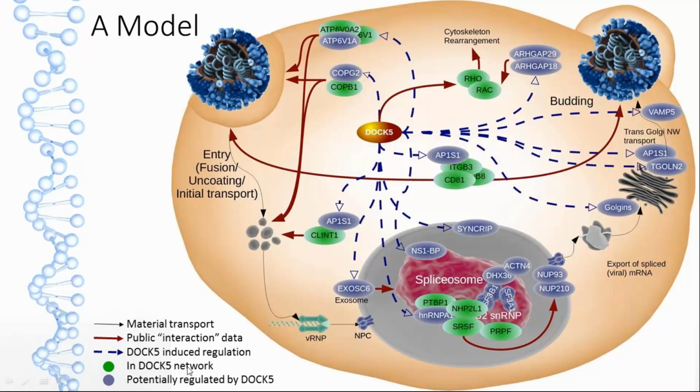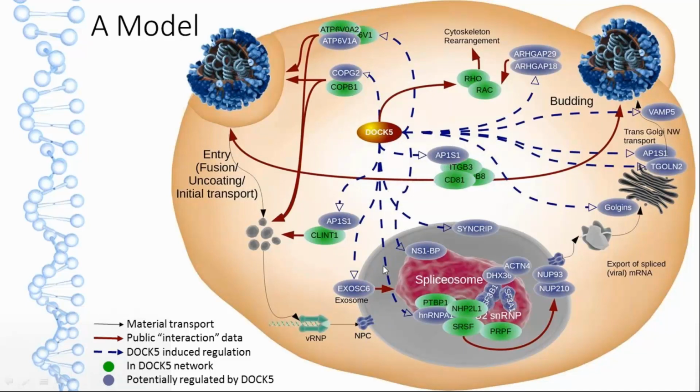The green nodes are in the DOC5 network, but don't have a significant overlap with the DOC5 knockout signatures, but the blue nodes do. So the blue nodes are all the genes that have significant overlap between both the DOC5 network as well as the DOC5 knockout signatures. And so that's what we think may happen.